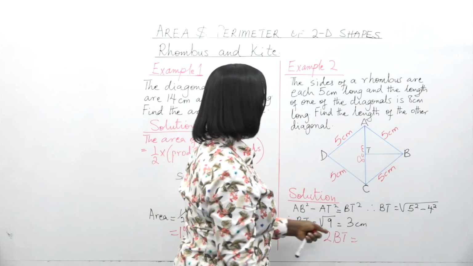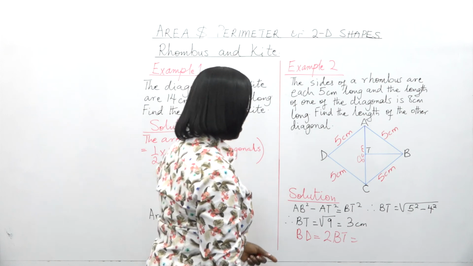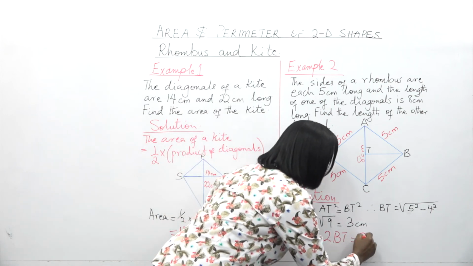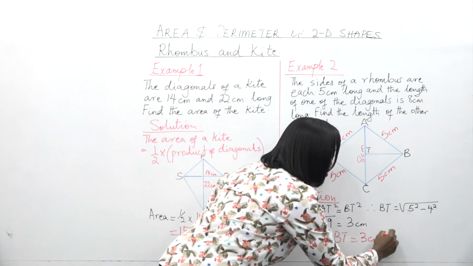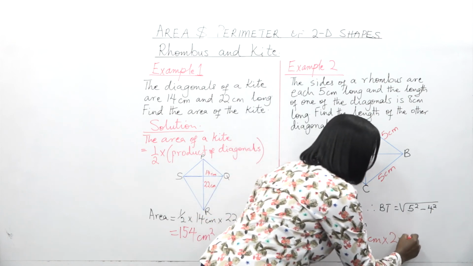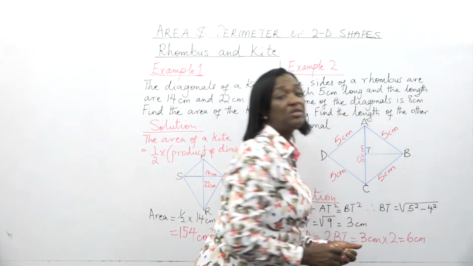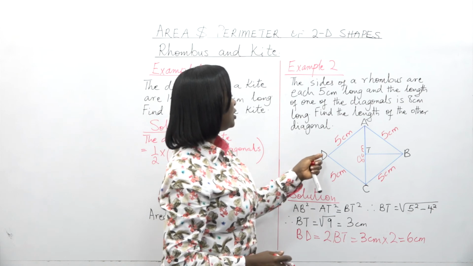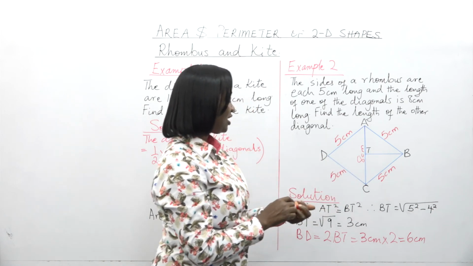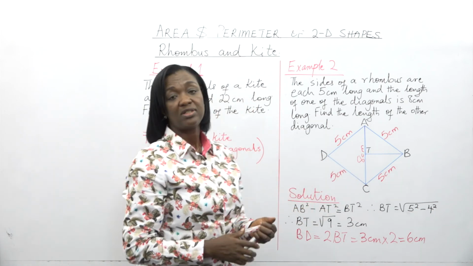So the length of BT is 3 centimeters. So BD will be 3 centimeters times 2, which is equal to 6 centimeters. So the second diagonal is 6 centimeters.